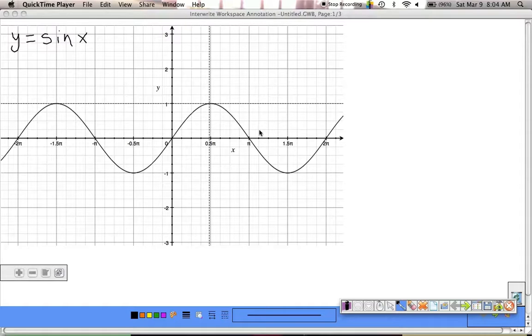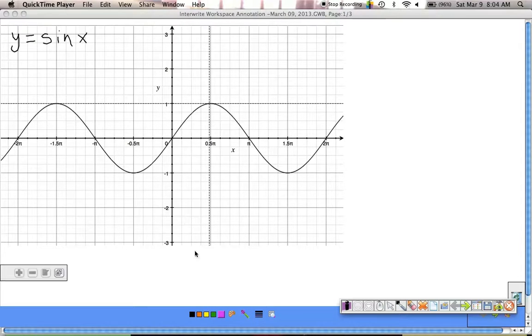What you may notice about this graph is that it repeats. There's all sorts of repeating going on here. If I look right here, let's call this the beginning of my sine wave. Then it goes up and comes back down and goes up.